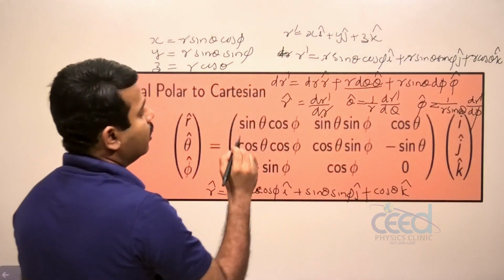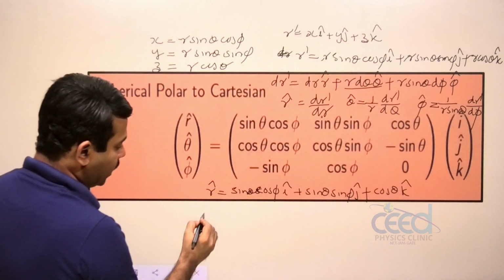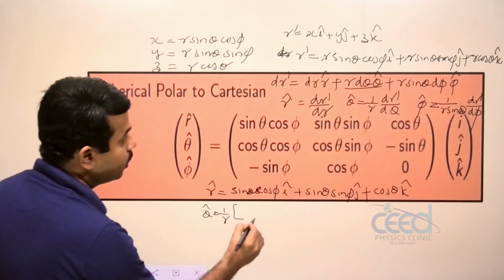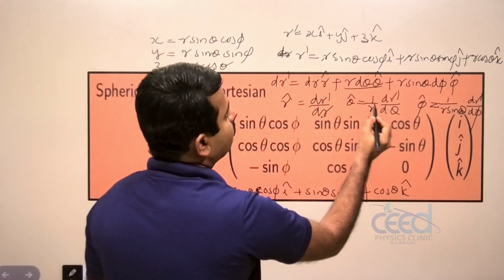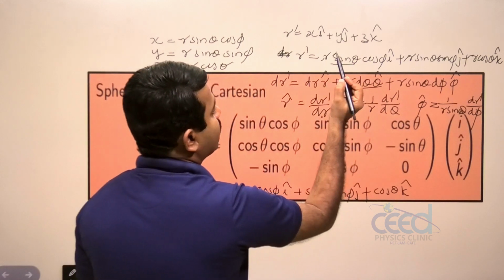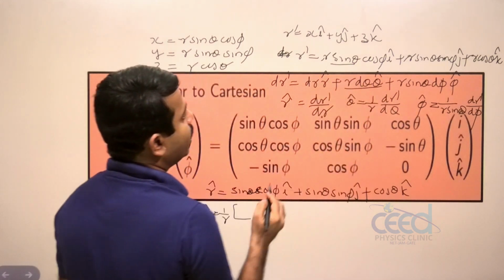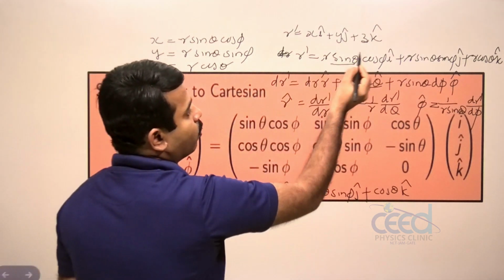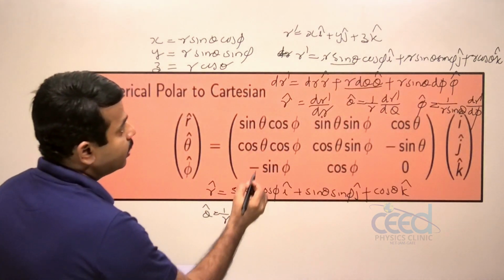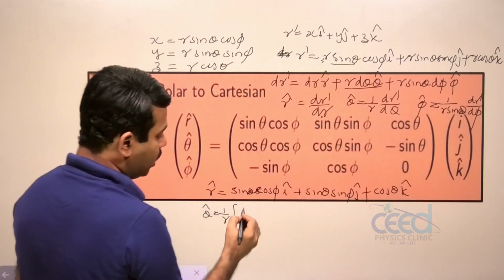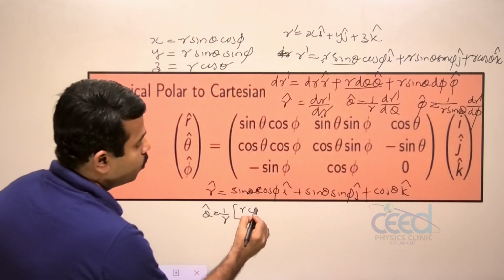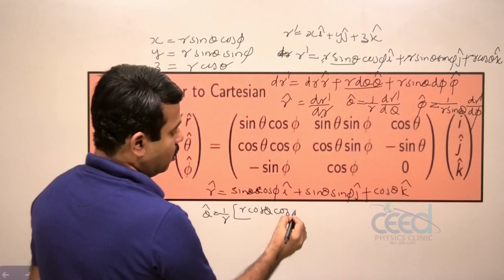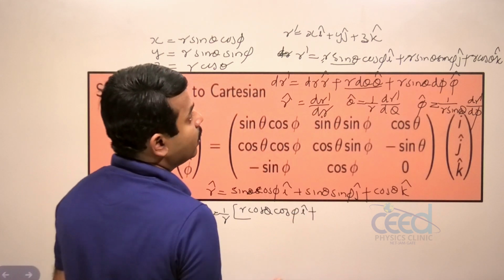Now regarding theta cap, theta cap is equal to 1 by r of dr dash by d theta. With respect to theta, differentiating sin theta gives cos theta only. The r remaining we can take out because it is constant. Then r sin theta becomes r cos theta cos phi i cap.